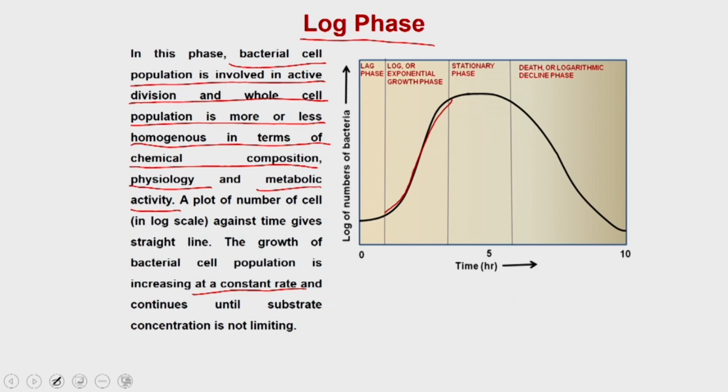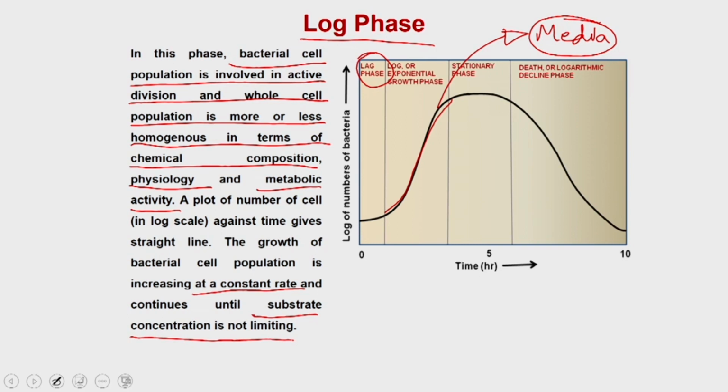So, how long will the log phase continue? Until the media components are providing the nutrition. Once the bacteria have adjusted in the lag phase, they will do a rapid growth during the log phase, or the exponential growth phase, and it will continue as long as the bacteria keep getting the substrate molecules or the nutrients from the media.